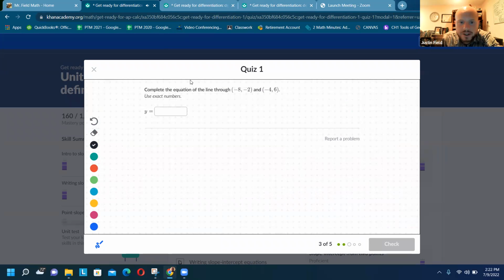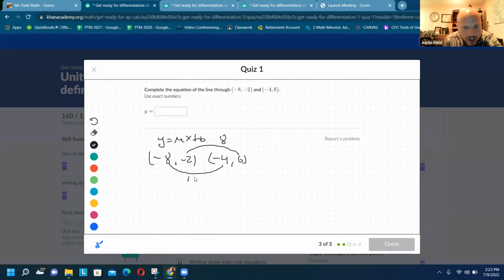Complete the equation. Okay, so this time it says y equals, so we're going to do slope-intercept form. But you know what? I'm going to do point-slope form and then simplify, like a calculus person would. Rise is 8 over run, running 4. Slope is 8/4, which is 2. Now I'm just going to choose that first point there.